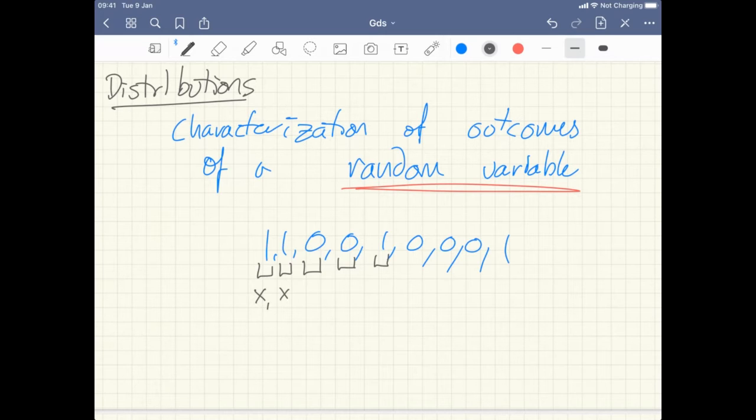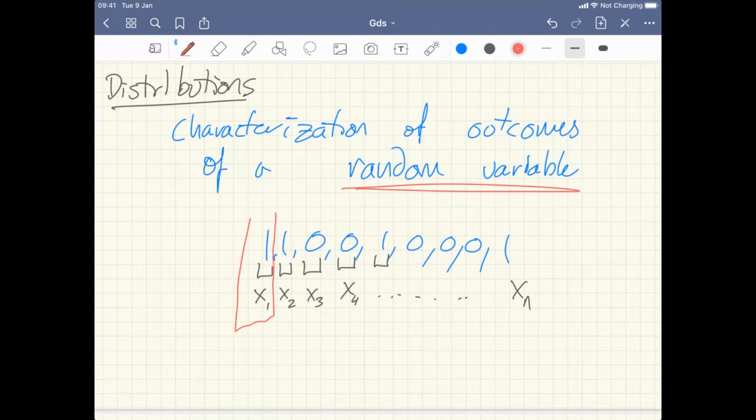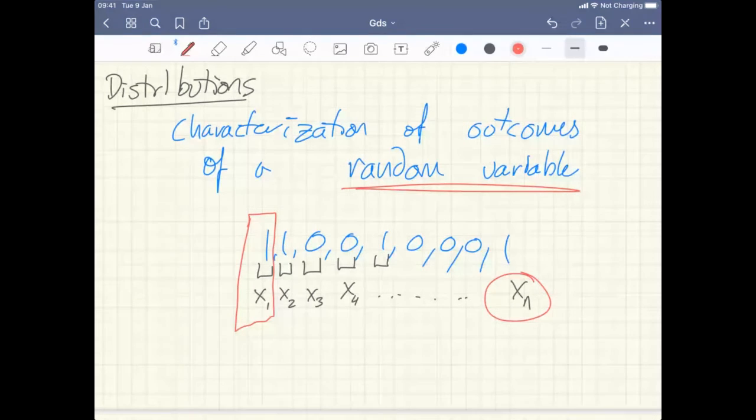So that would be x1, x2, x3, x4, and so on until we get x over n observations. Okay? So a random variable is one of these outcomes, or it's all of these outcomes at the same time, and we're just collecting them together.